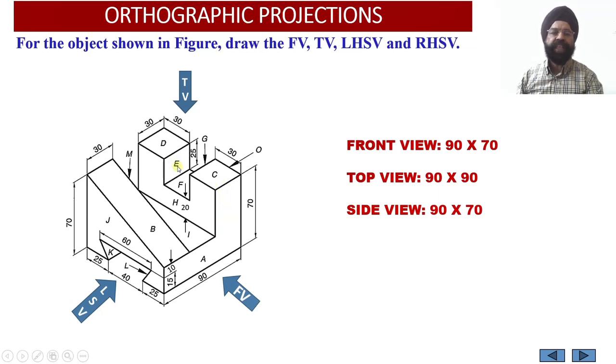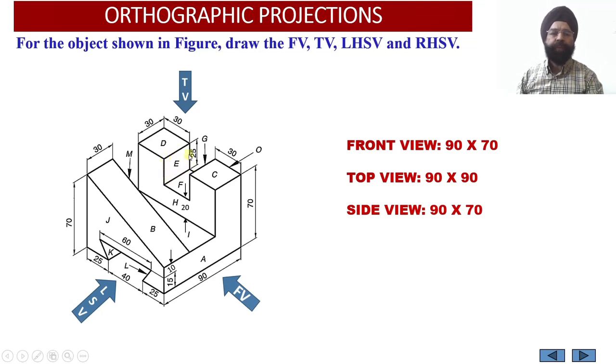So this surface E will be covered by the surface A. That is why, corresponding to the top face of surface F over here, we are going to get a dotted line, and even though this surface is not visible to the observer, it is still a separate surface corresponding to the back portion of this vertical web over here. So that is why we have marked the surface as surface E over here.